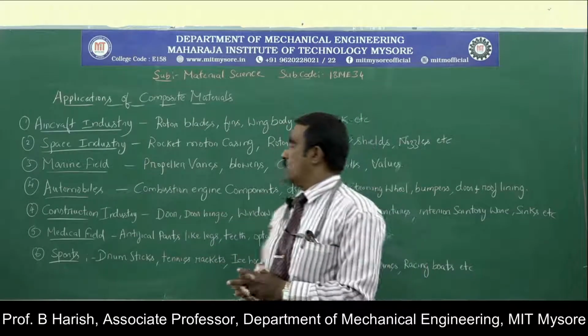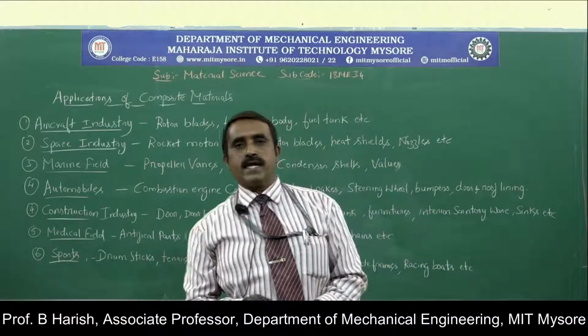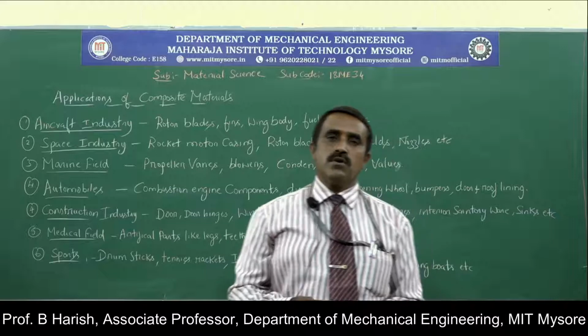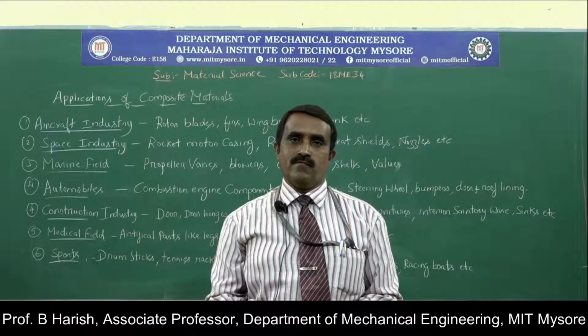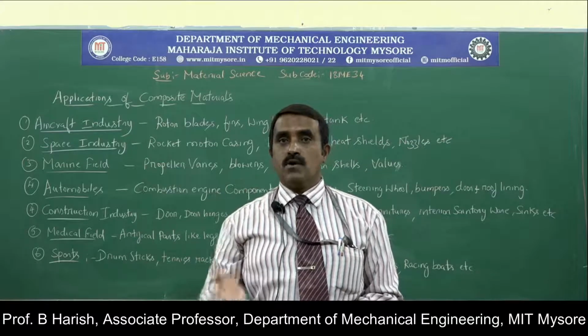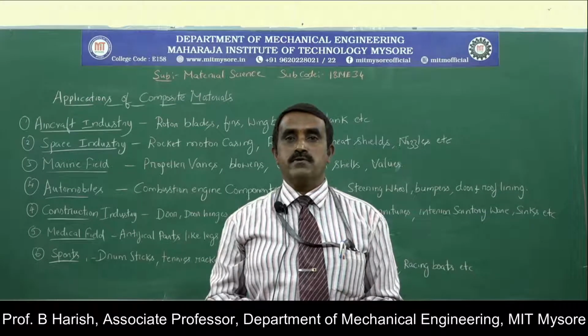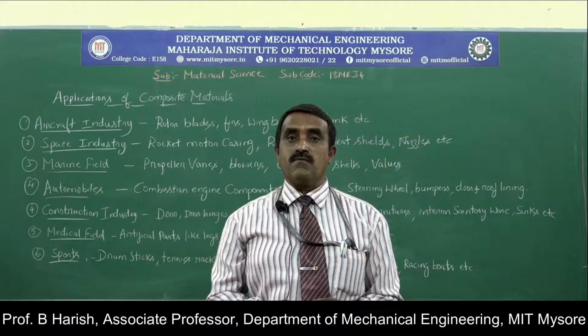The first one is the aircraft industry. You know that major parts should be light in weight and also have enough strength. Normally aluminum is extensively used, but aluminum is light in weight and does not have the required strength.